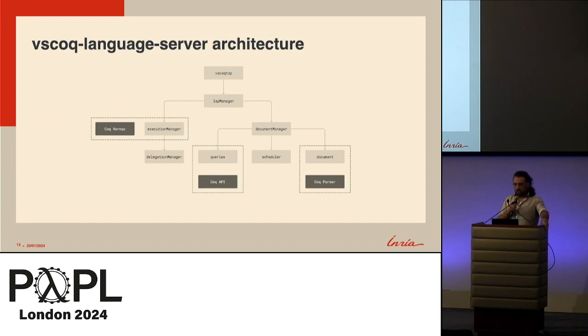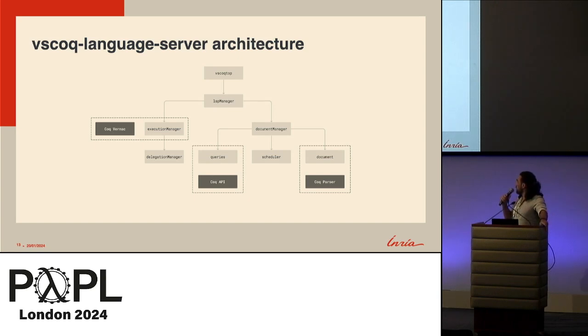The architecture of the language server uses low-level modules, such as the execution manager and a document model, to communicate with Coq. Of importance here, you have the execution manager that's going to communicate with the Coq vernacular and handle everything execution-wise. We have a little query module that handles queries such as search, locate, check, things like that.